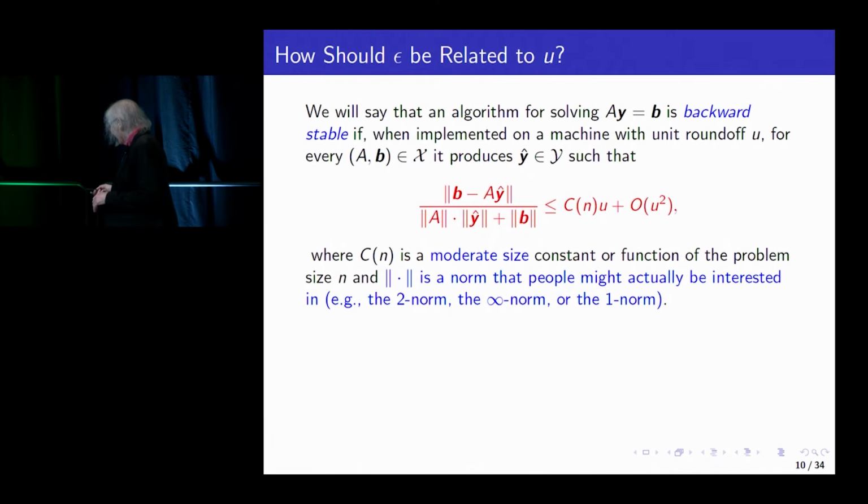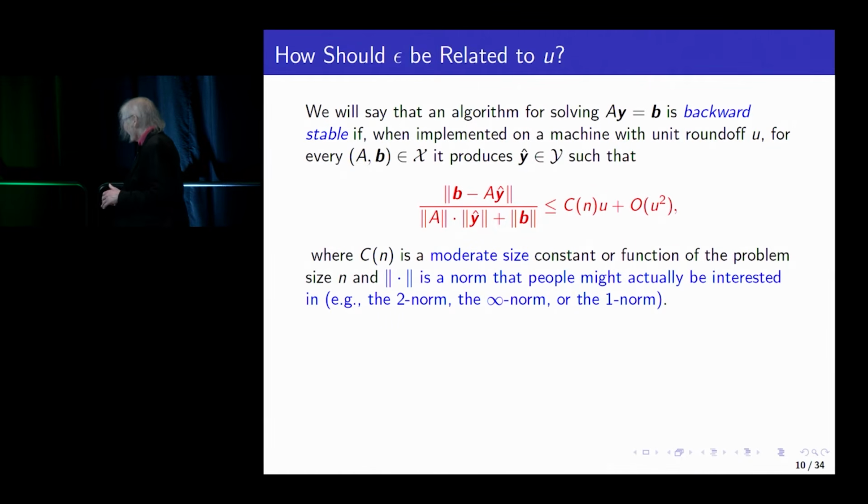Okay, so C of n is a moderate size constant or function of the problem size n. And one can do a lot of tricks with crazy norms, so I'm going to require that this is a norm that people might actually be interested in. For example, the most common examples, of course, are the 2 norm, the infinity norm, and the 1 norm.